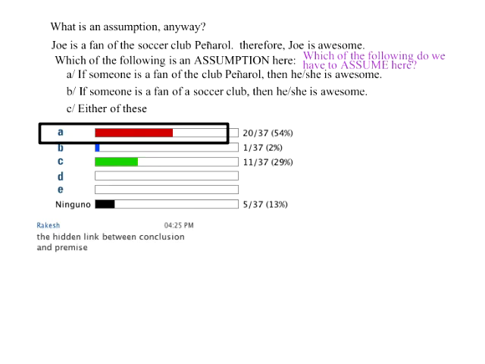So this is what a lot of people are thinking, and this is not really what's going on here. In other words, an assumption is not just anything that links an argument to its conclusion. It's a much stronger thing than that to say that something is an assumption.